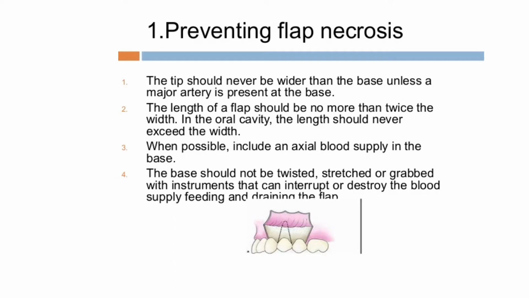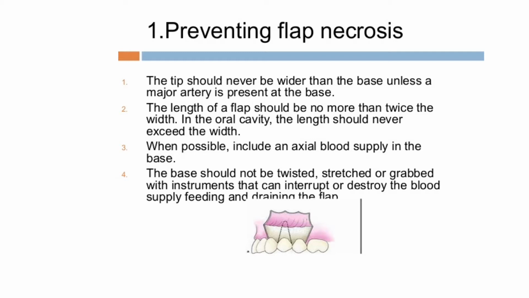Let's see some basic principles which have to be followed while placing an incision during surgery to prevent flap necrosis. That is basically to maintain blood supply to the flap. So the first principle is the tip should never be wider than the base unless a major artery is present at the base. Second is the length of a flap should be no more than twice the width.